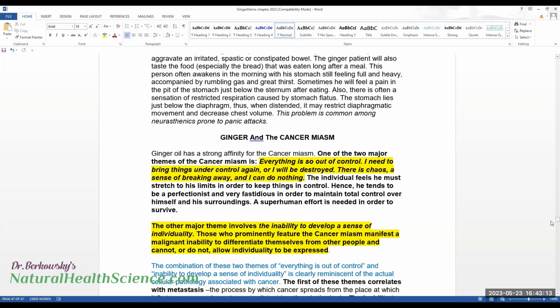So you can see how this resembles a person who has cancer. Everything is so out of control, meaning the cancer cells. Cancer cells, my goodness, it's out of control. Is it benign? I hope it's benign. I hope that when the pathology report comes back, it's not malignant, because it can go out of control and I'll be destroyed.